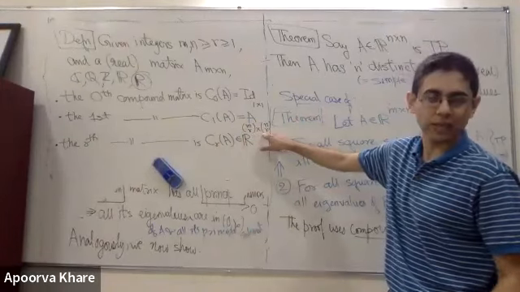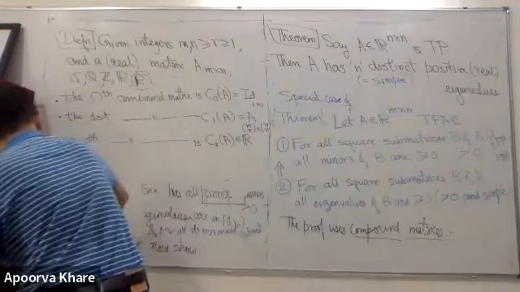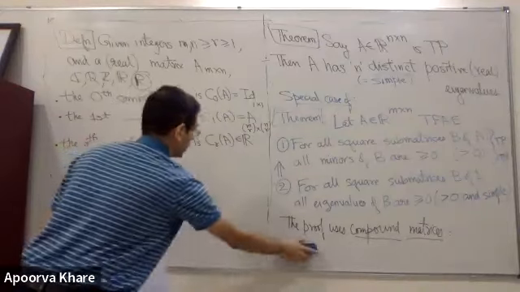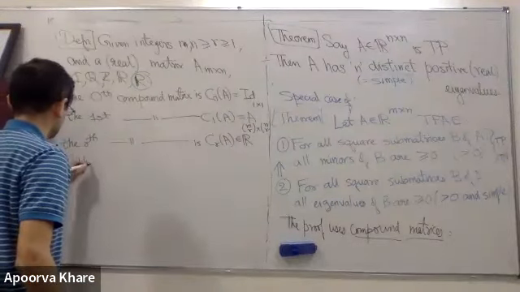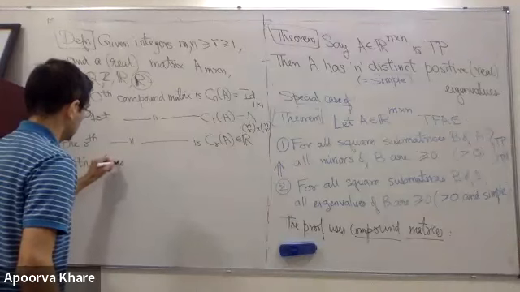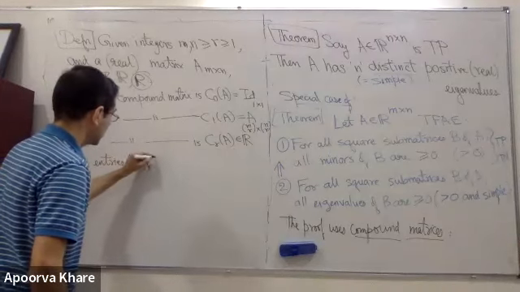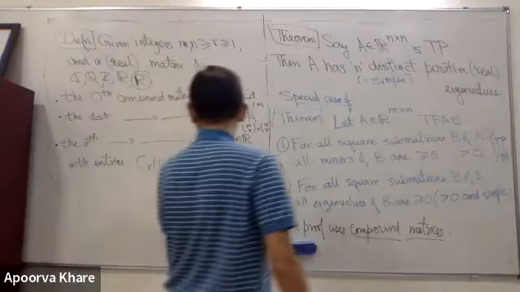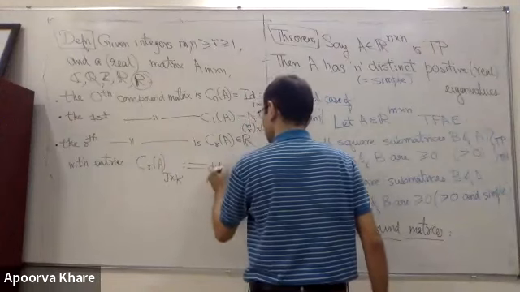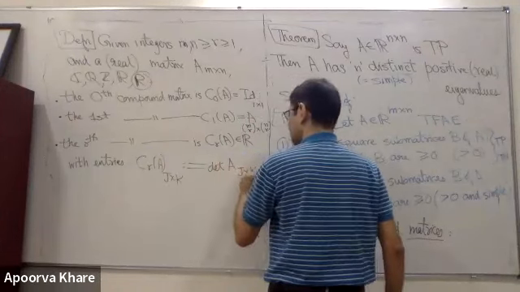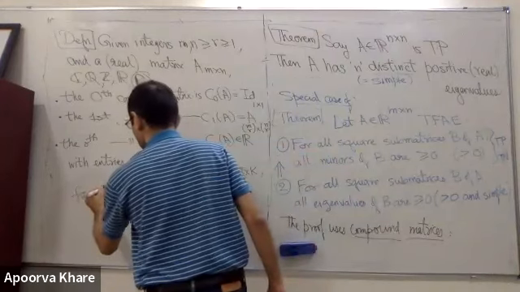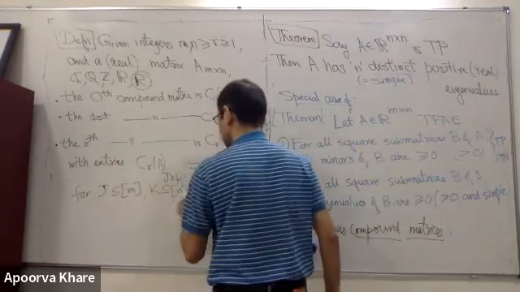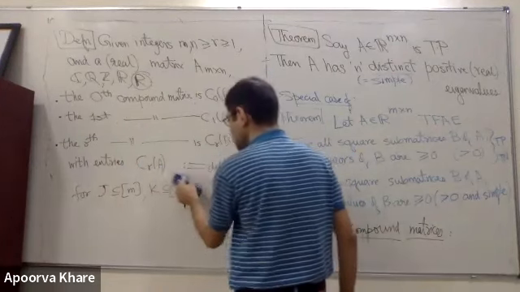And the entry, the entry of C_r of A, let's call it J cross K, is defined to be the determinant of the submatrix J cross K, for all J contained in the rows and K contained in the columns of size r.